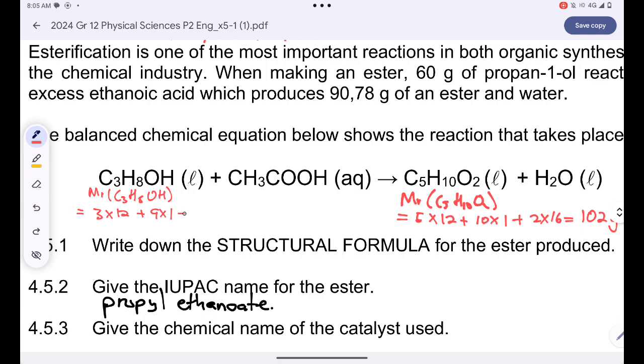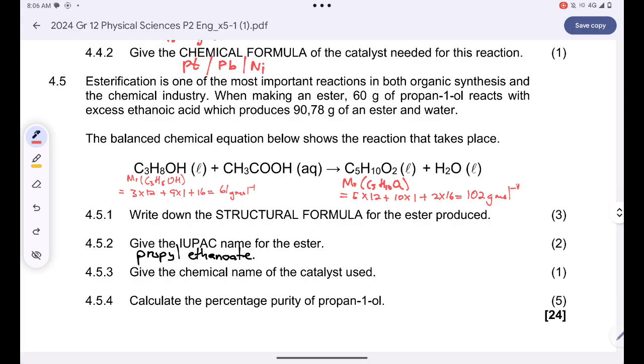Hydrogen has a molar mass of 1, and then oxygen is just 16. So this will simply give me 3 times 12 plus 9 times 1 plus 16. So this will just give me 61 grams per mole. I'm just calculating these molar masses because I will need them to find the number of moles.